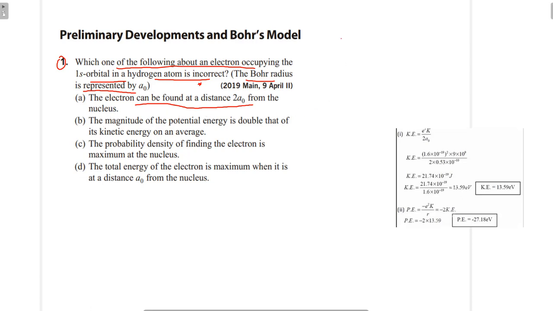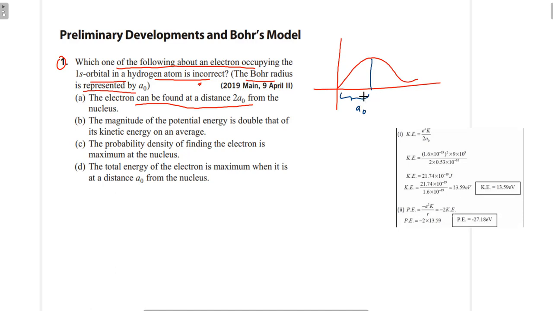See, electron finding probability graph, if you observe, the graph is like this for 1s orbital. Here this is the maximum probability. So this total distance is A0.